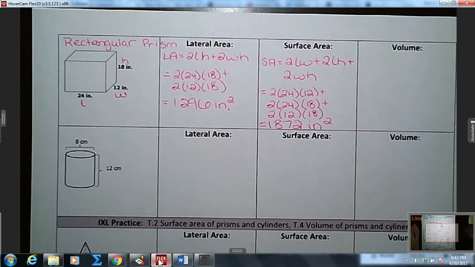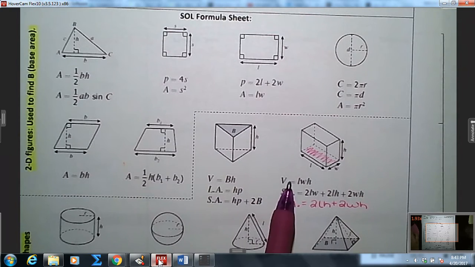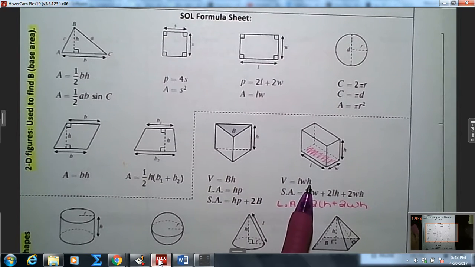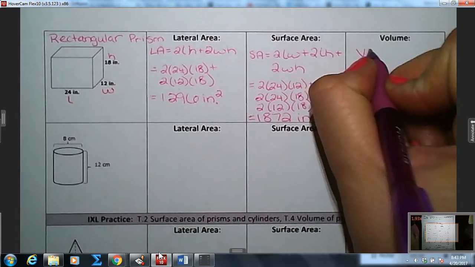Okay. Our final piece is to find the volume. The volume formula for a rectangular prism is length times width times height.